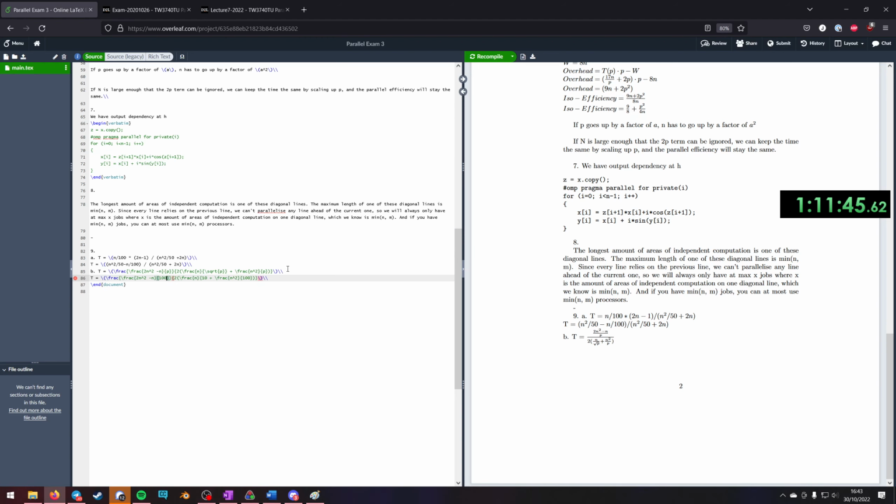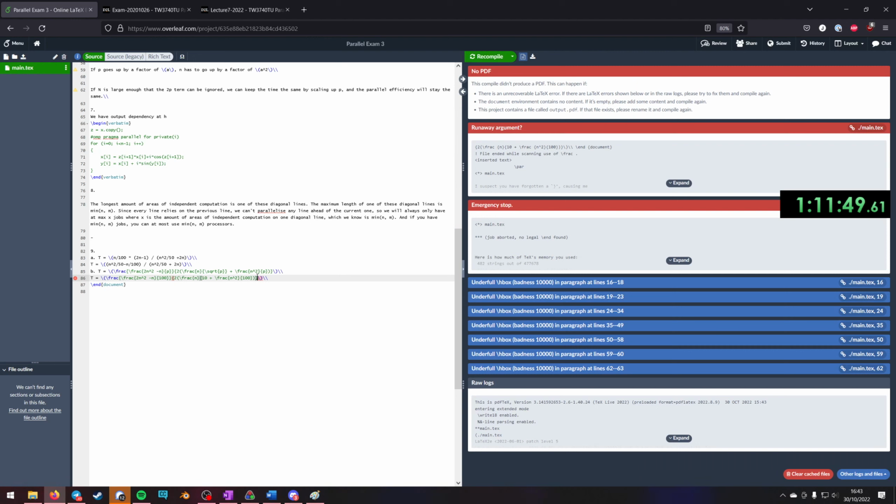p is 100. Recompile. Does this look any better? It doesn't even compile. That's probably because I missed a curly bracket somewhere. It still doesn't work, because I removed the wrong one. So this fraction is completed here.